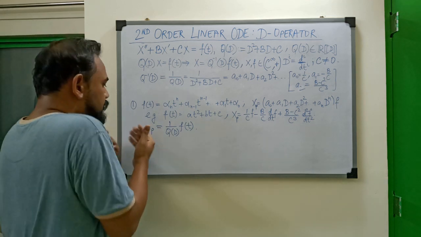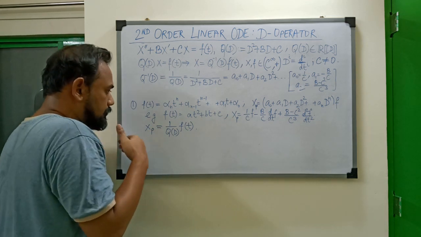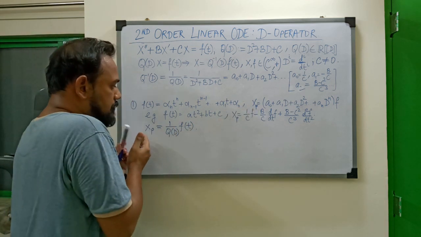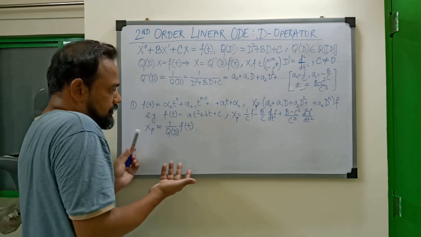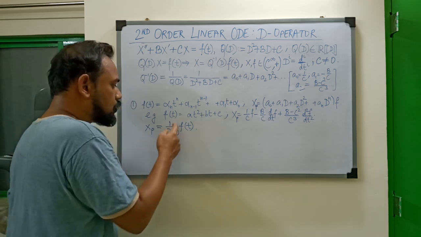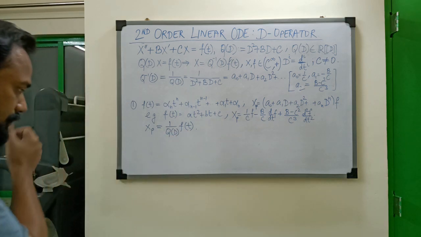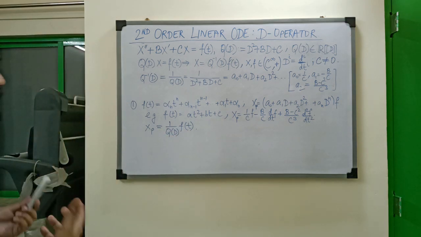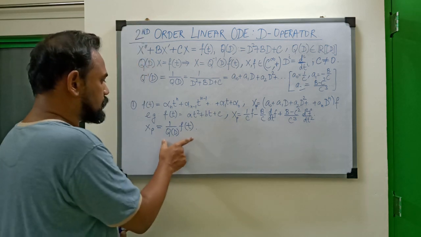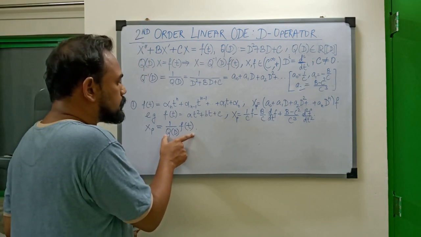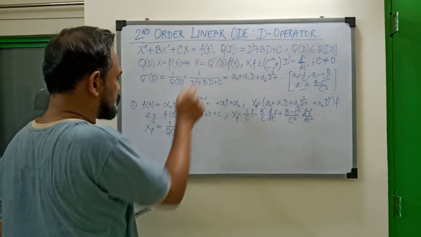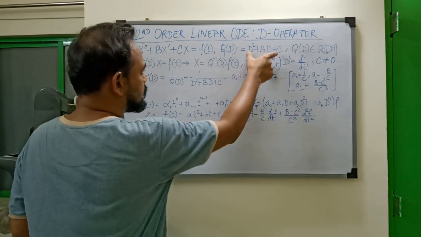So instead of continuing to call particular solutions by the name xp, we can just replace the name, or we can sometimes use them interchangeably. We can just call them 1 over QD F of t. That's a thing that we would be doing from now on. Whenever you see an expression like this, it would mean the particular solution of this differential equation, where QD is this.